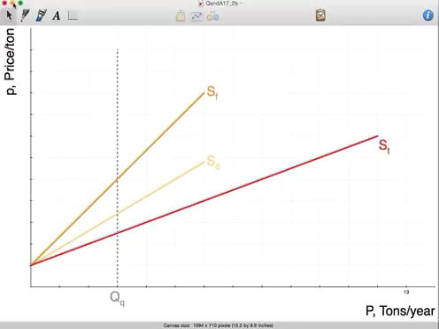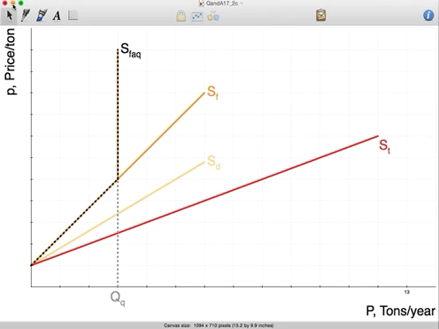So once we get to the quota amount, the foreign supply of sugar is going to be vertical at the quota amount. It's going to put a kink in the foreign supply curve, and it's going to end up looking like that.